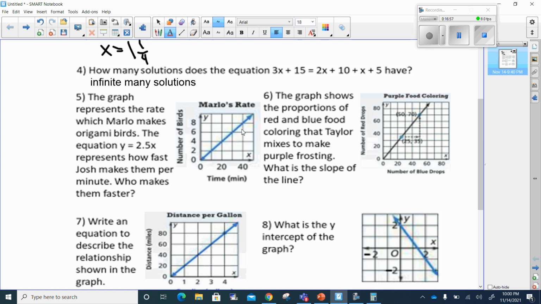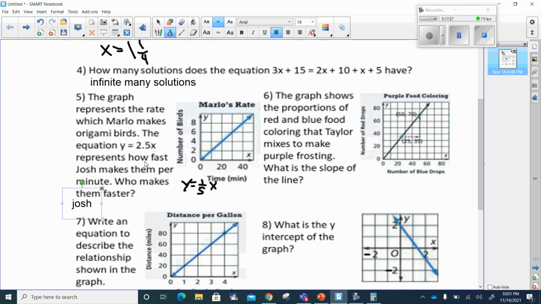Because if I put this graph into an equation, it would equal y equals 2 over 10. 2 over 10 is really 1/5 x. And that 1/5 is not more than 2.5. So my answer would be Josh.